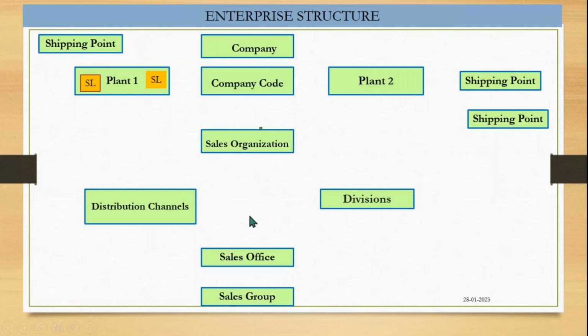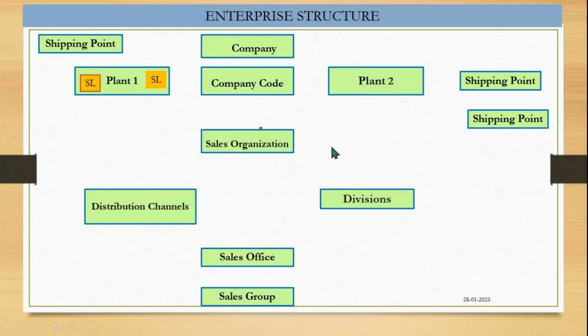Once you are doing all transactions from the sales side, if you do not have proper assignment, there is a problem. Say I want to sell a material, a sales order is there, and I have to create a delivery. For delivery creation, the material is available in the plant, so a connection from sales organization to plant is required. Similarly, once you have done a complete sales transaction, you have to provide accounts to the company.